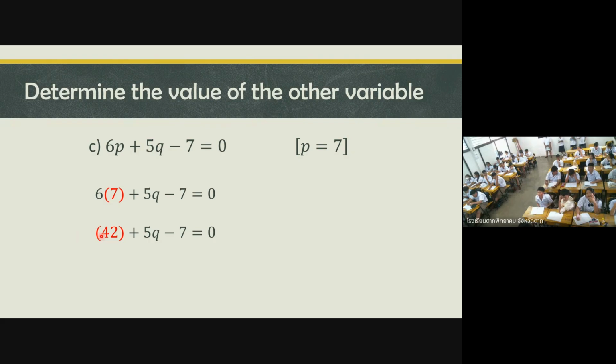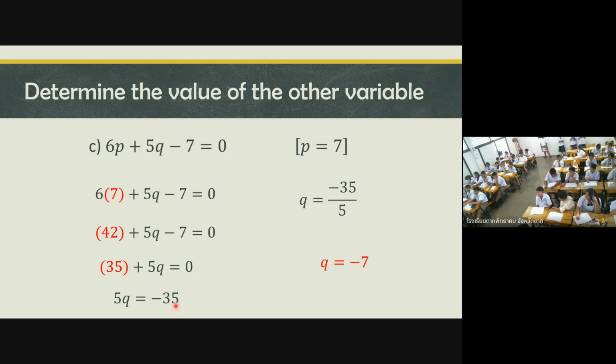Now what is 42 minus 7? That is 35. And this 35, when we put it onto the other side of the equation, this positive will become negative. And so q is equal to negative 35 over 5, which is equal to negative 7.